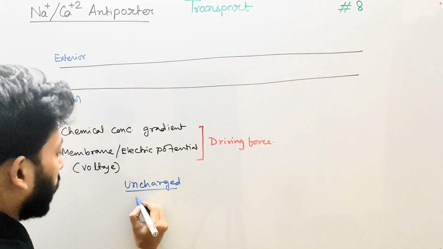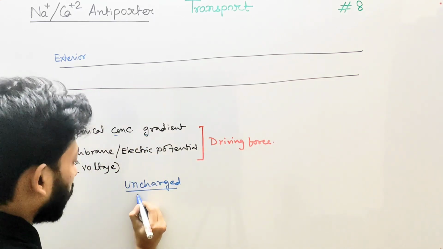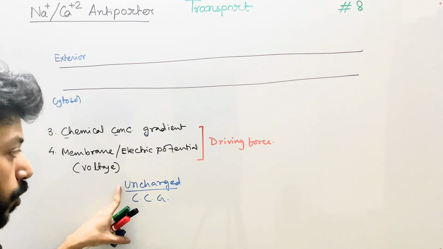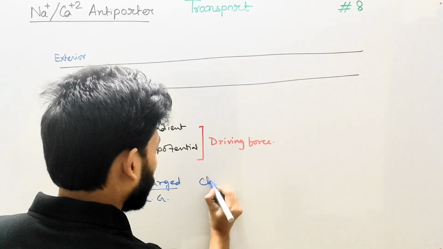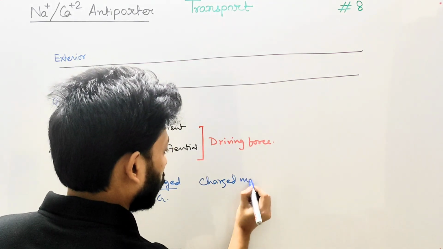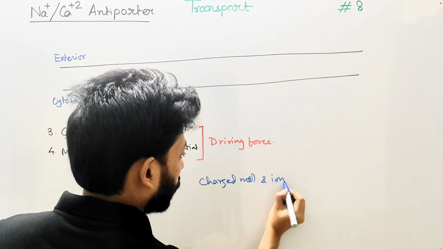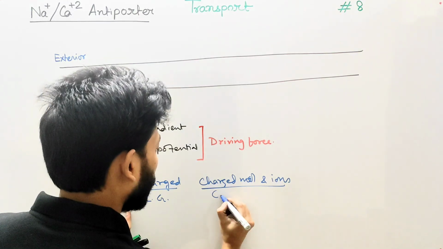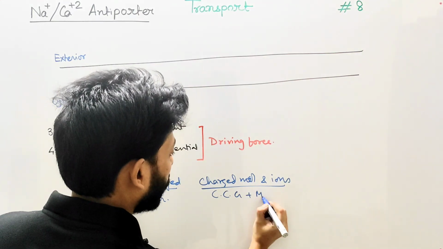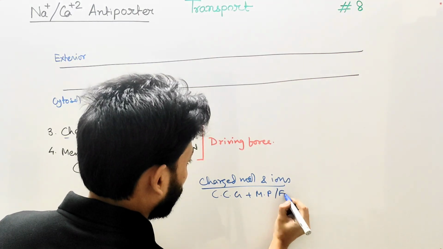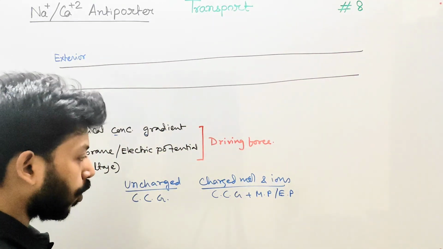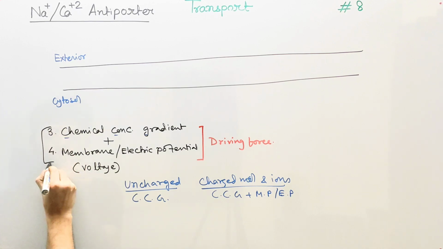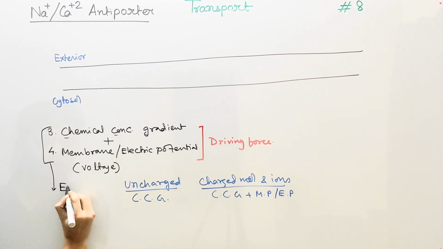This chemical concentration gradient, I am just writing here CCG, chemical concentration gradient, is the only driving force for uncharged molecules. But in case of charged molecules and ions, both the chemical concentration gradient and membrane potential or electric potential work together, and we call these two factors together the electrochemical gradient.